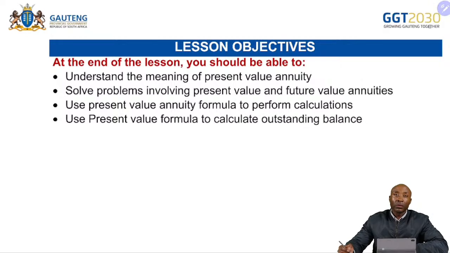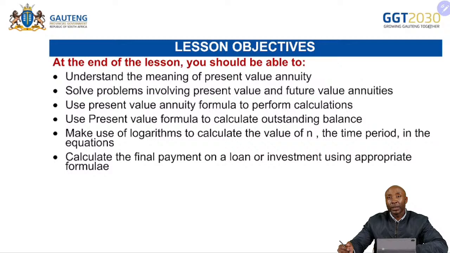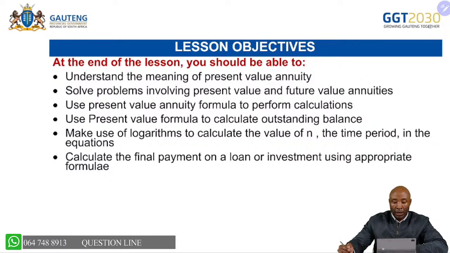We should also use the present value formula to calculate outstanding balance, and we should make use of logarithms to calculate the value of n, which will represent the number of payments that have to be made. We should also be able to calculate the final payment that has to be made on a loan using appropriate formulae.